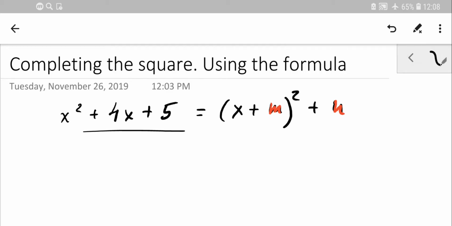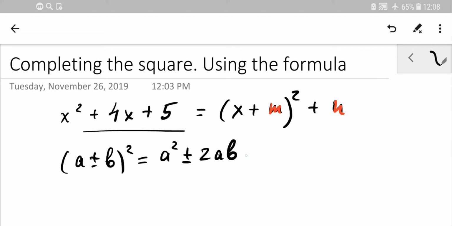So I'll mark those letters m, n, and our goal is to find m and n. Remember before, in the previous video, I used the formula (a plus or minus b) squared to work out the a and b parts, to see which numbers a and b complete the square.